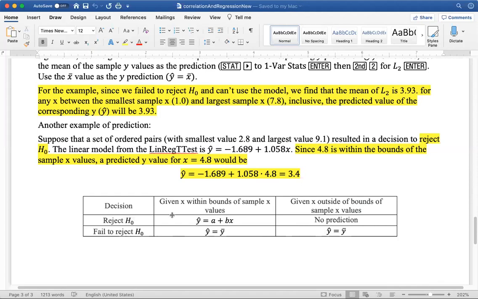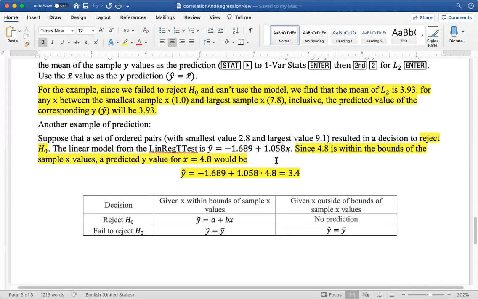If you reject H0 but X is not in the bounds, we can't make a prediction. If we fail to reject H0, no matter whether X is in the bounds or not, our prediction is going to be the average of the sample Y's.